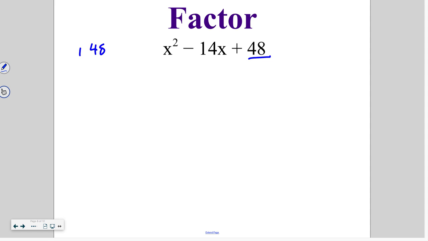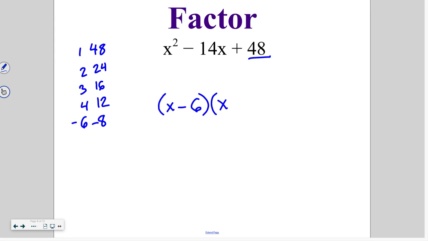So 1 and 48, 2 and 24, 3 and 16, 4 and 12, 6 and 8. We are looking for the pair that can get us to negative 14. That pair is negative 6 and negative 8. So I've got x minus 6 and x minus 8. And that's using the x squared plus bx plus c factor technique.